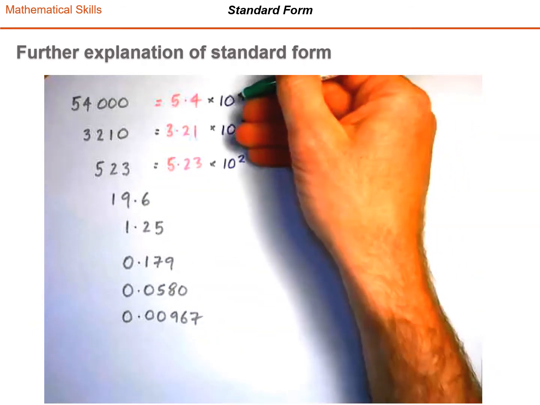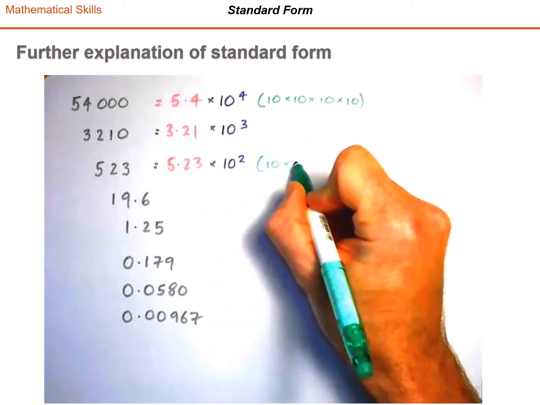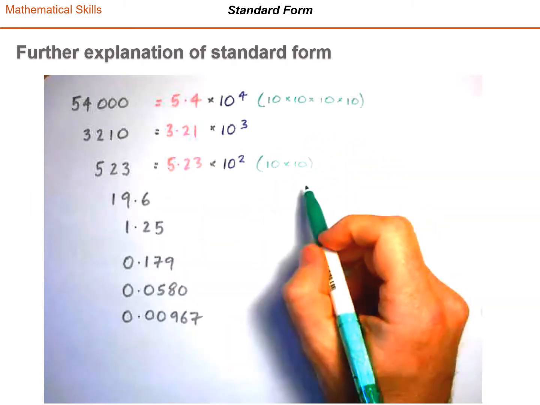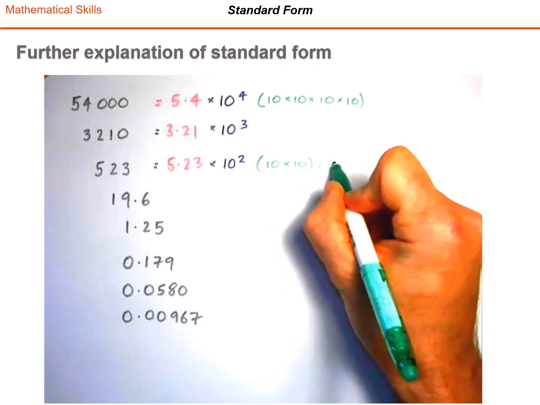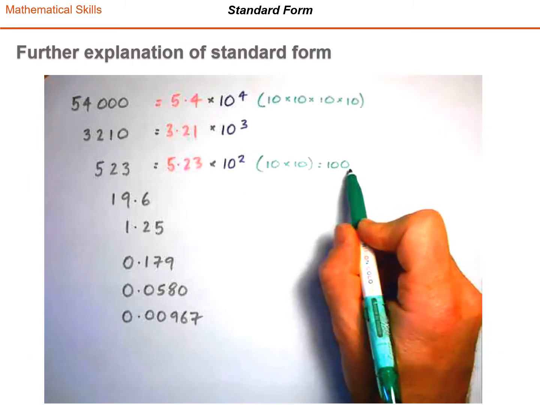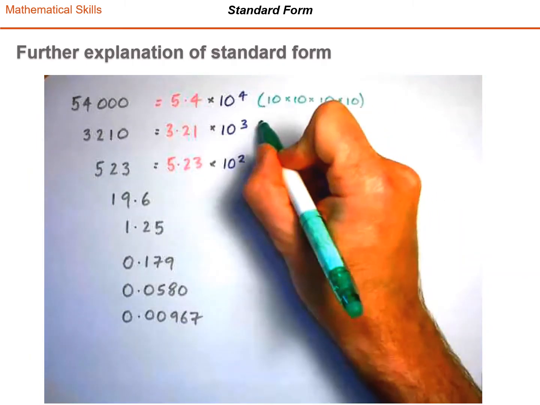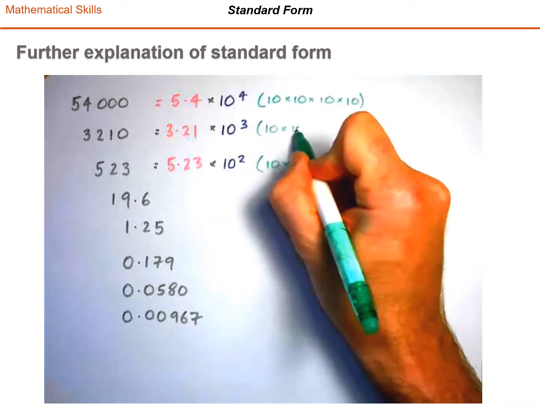Actually, it's helpful to work our way up from here. We know 10 squared is 10 times 10, and that gives us 100. And so if we do 5.23 multiplied by 100, we get 523. Likewise, for 1000, we can do 10 times 10 times 10.